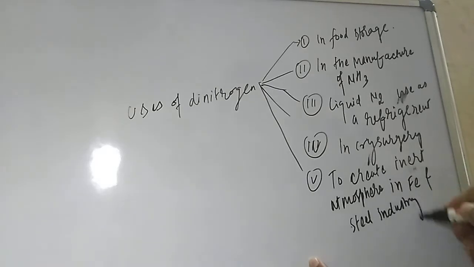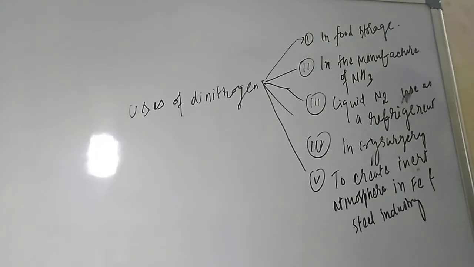So these were the five uses of dinitrogen: in food storage, in the manufacture of ammonia, as a refrigerant in cryosurgery, and to create an inert atmosphere in the iron and steel industry.